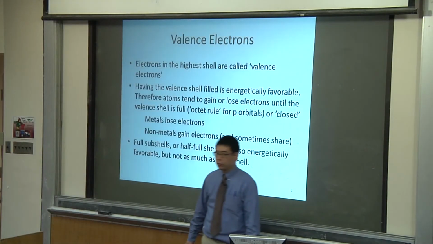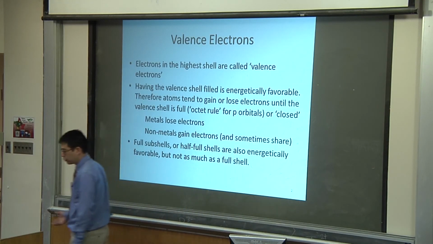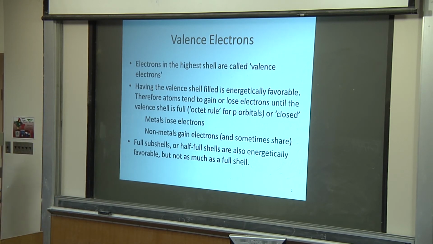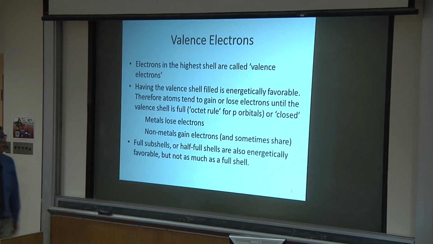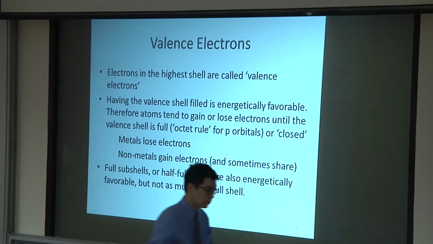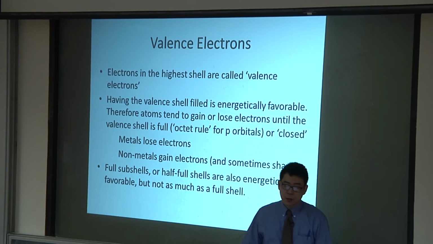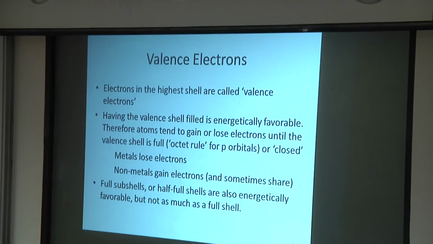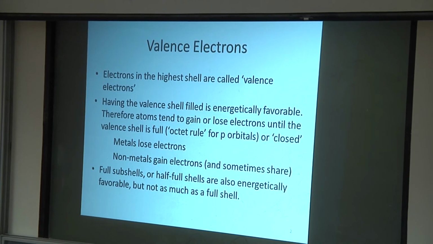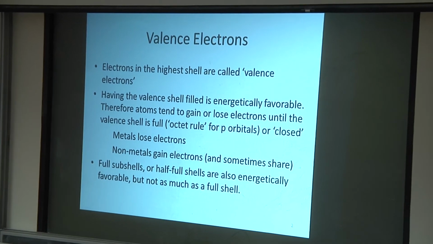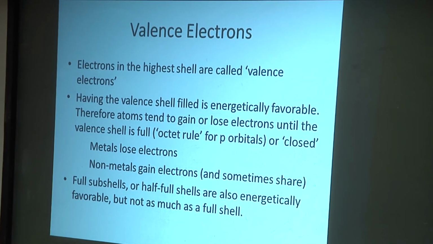The first thing that we're going to learn about is valence electrons, right? So we've almost had this concept in our head, almost, right? But valence electrons are electrons that are in the highest shell, that have the highest n. In other words, n indicates the average distance from the nucleus.